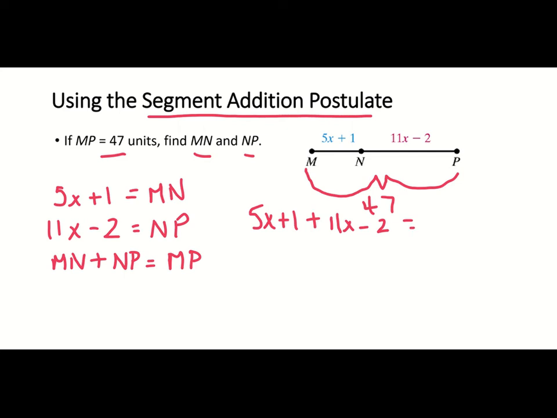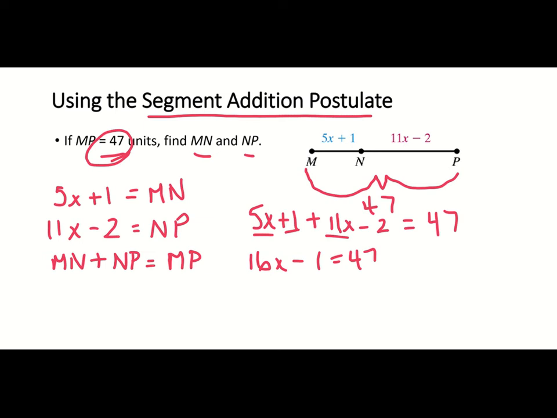And I know the whole segment, because they told me right here, is equal to 47. So now we have an algebraic equation to solve. Let's combine our like terms. So 5x and 11x will give me 16x. 1 minus 2 will give me a negative 1, and it equals 47.